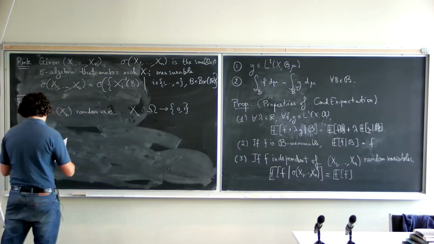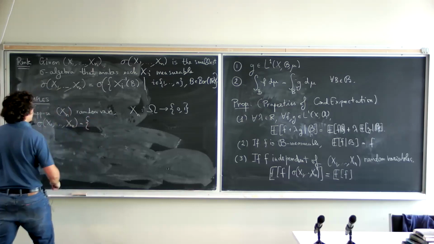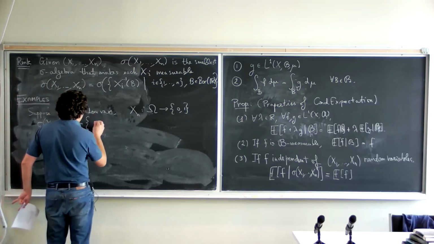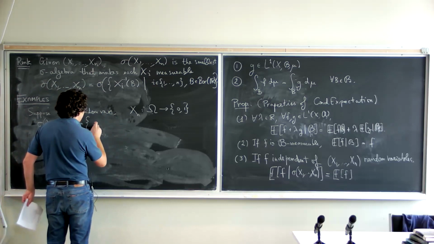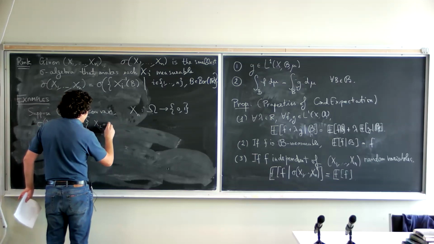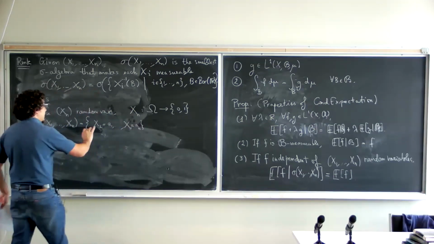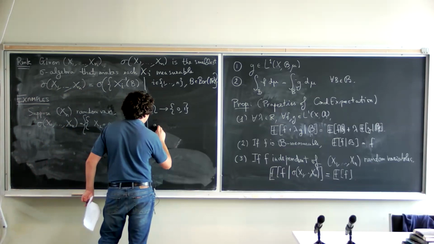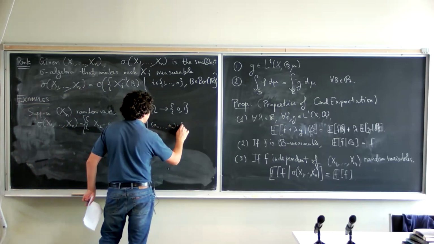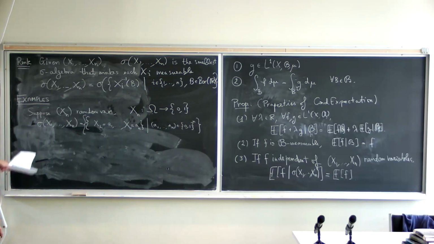So maybe we can say that the sigma algebra generated by x1, ..., xn is the set where every set is of the form x1 equals a1, ..., xn equals an, such that a1, ..., an are in {0, 1}^n. It certainly contains all those sets, and basically these are all the sets.